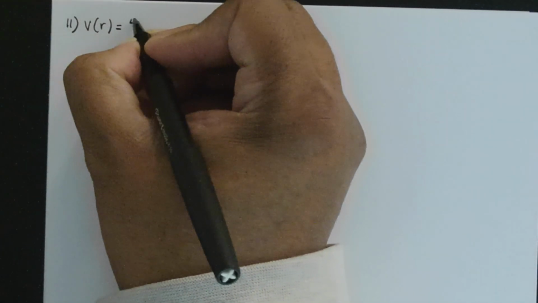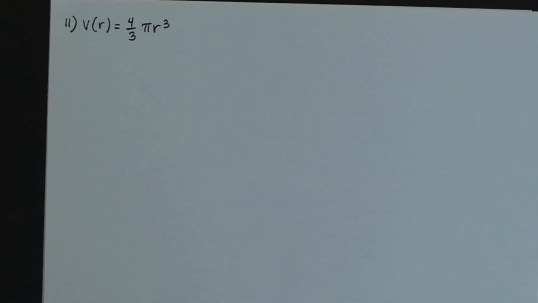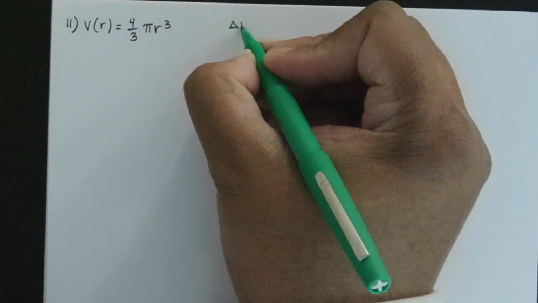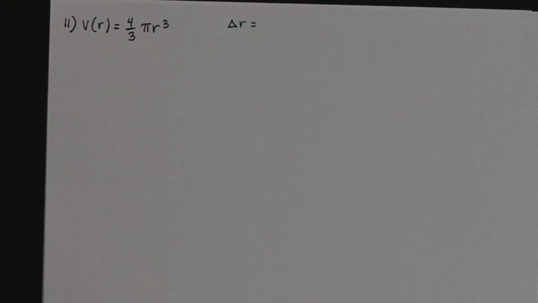Okay, so in this case, here's our formula for the volume. Now, of course, the change in r or delta r is coming from the inside.